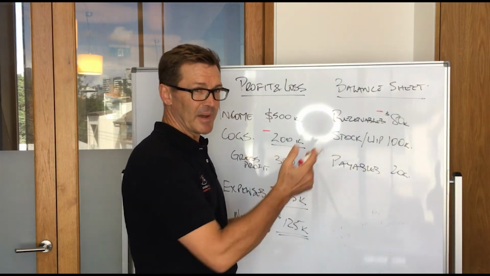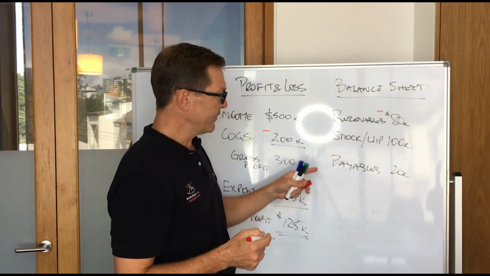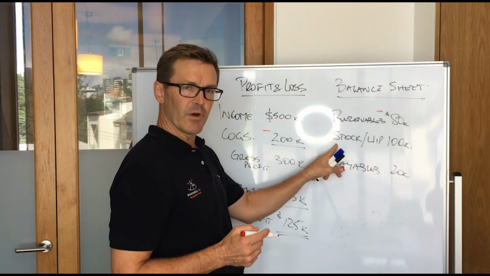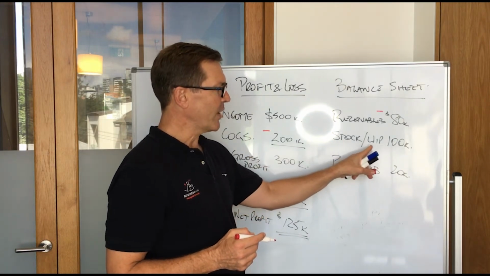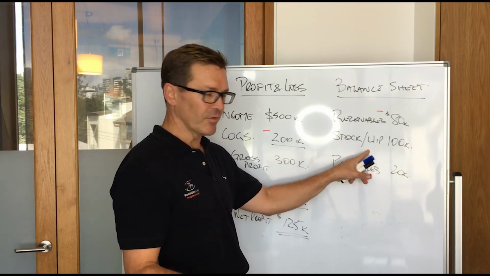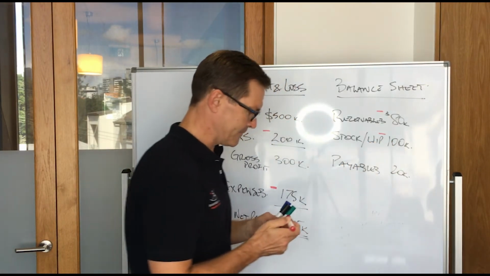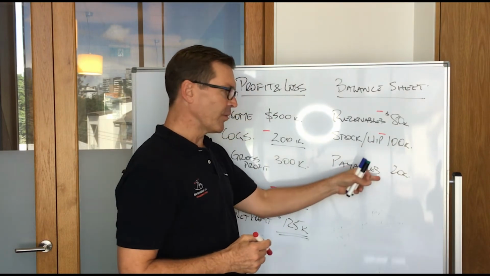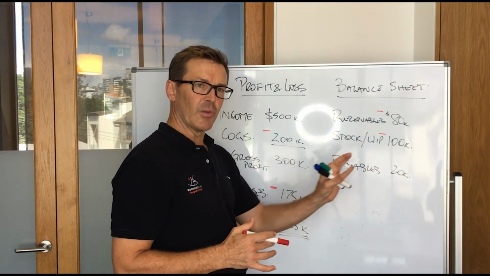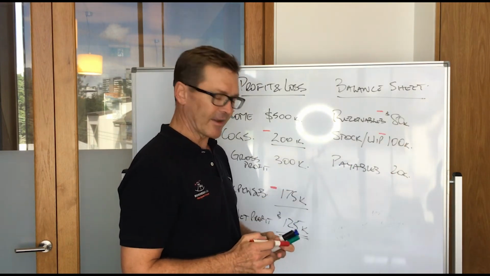Banks will even lend you money against receivables, but it is a cost to cash flow. Similarly, if you've had to put floor stock into your business, or you had to work on a job before you've been able to invoice, they are similarly costs to cash flow. The payables is holding off suppliers and paying them later on, so it improves your cash flow.